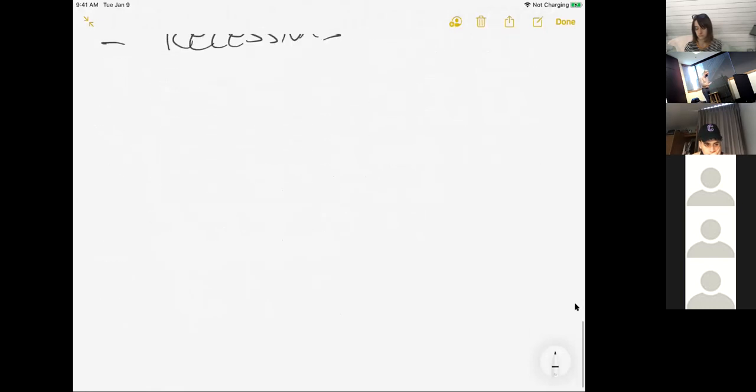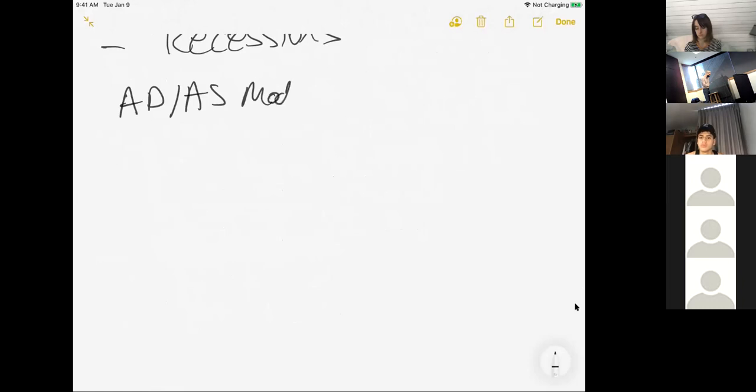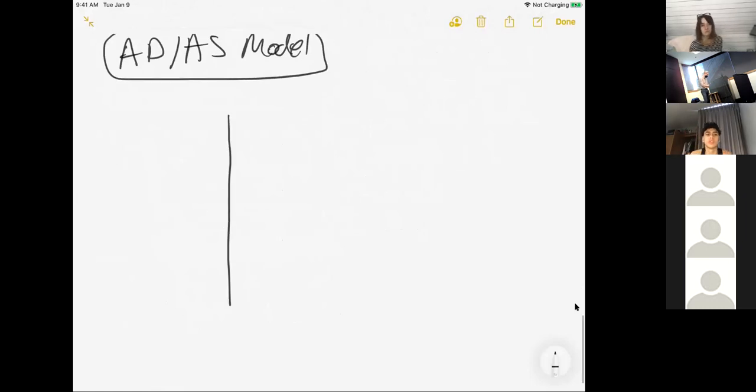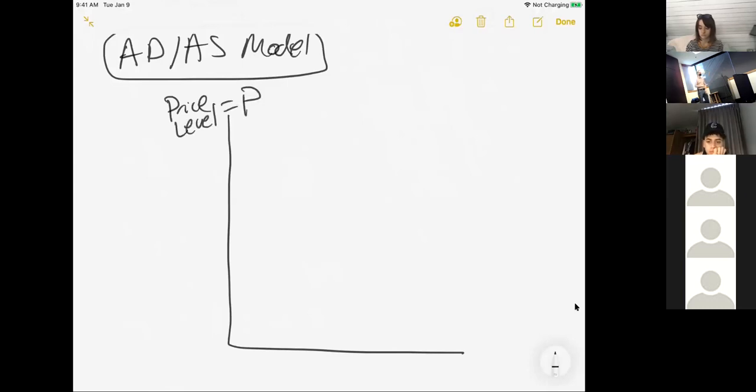And so what I'm going to argue, we're going to put all the pieces together today, is we're going to try to build a model. And what's going to be true in this aggregate demand, aggregate supply model? We're going to have the price level, or P, up here.